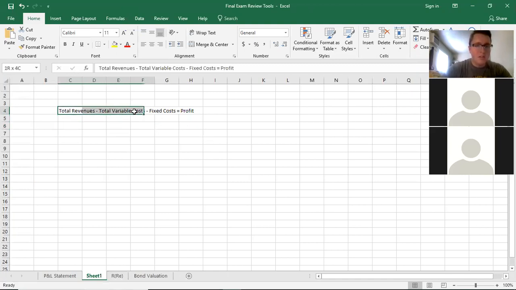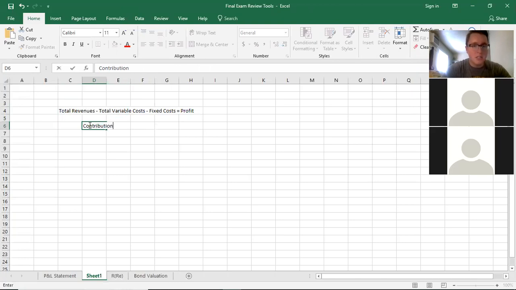We know that total revenues minus total variable costs is our contribution margin. So we can actually change this equation to be contribution margin. You've got the total contribution margin here. Contribution margin minus fixed costs equals profit, which is going to be $0, okay?